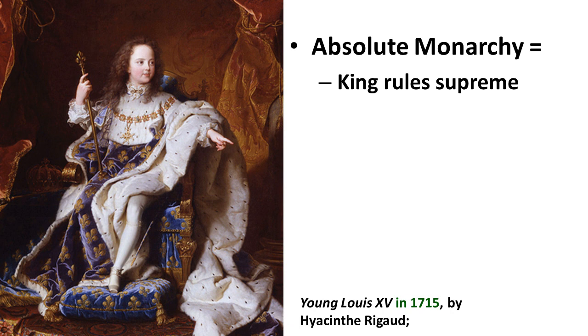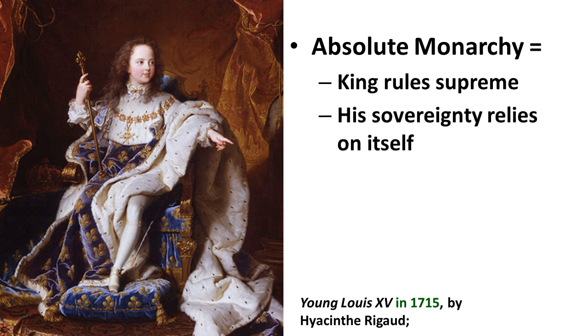And the reason why the king rules supreme is that his sovereignty, which means the source of all these powers, relies on nothing but itself. Okay? This is what we call an autocratic regime. You may know the term democratic, which means that power, kratos, comes from the people, demos. But in autocratic, it means that power comes from itself.